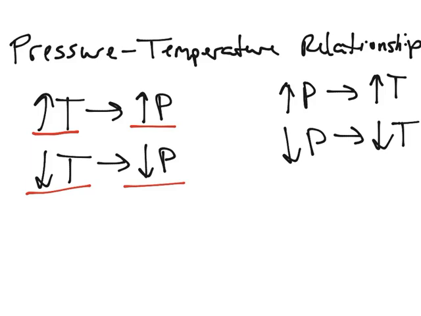And then thinking about this backwards tends to be a struggle for some people. But if you increase the pressure while maintaining the number of moles and the volume, the temperature has to increase. Or if you decrease the pressure, you are decreasing the temperature. An example here would be a can of compressed air, maybe like keyboard cleaner.